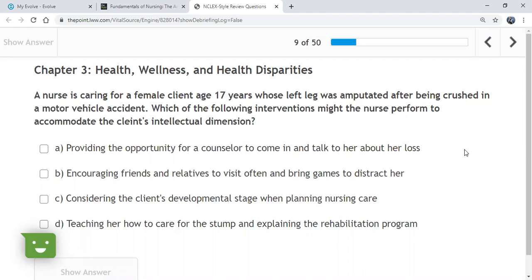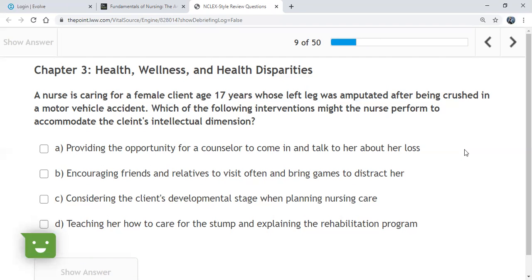Okay, teaching her how to care for the stump and explaining the rehab program, encouraging friends and relatives to visit often and bring great games to distract her. All right, so how many think it's B? I do. I would say more providing, if you think about Maslow's hierarchy of needs, I would think would be more about self-esteem.